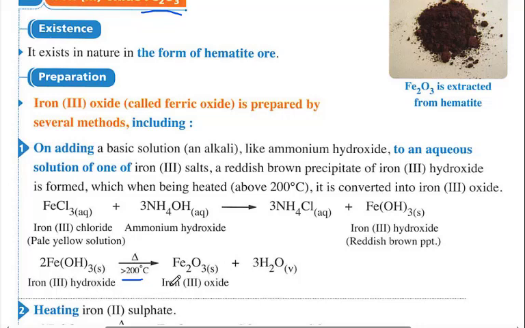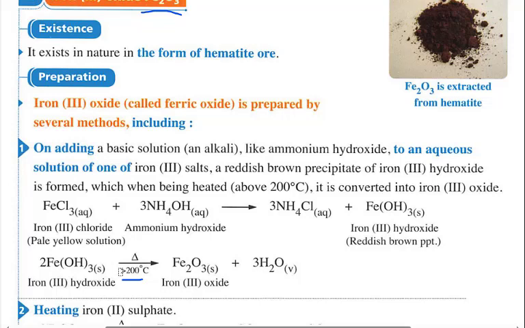Okay, here there are 2 iron atoms in the molecular formula of ferric oxide, so we need 2 ferric hydroxide to balance the number of iron atoms. And here there are 3 hydroxide groups, so we have to put 3. Okay, it is a very, very important note that these temperatures are very important.